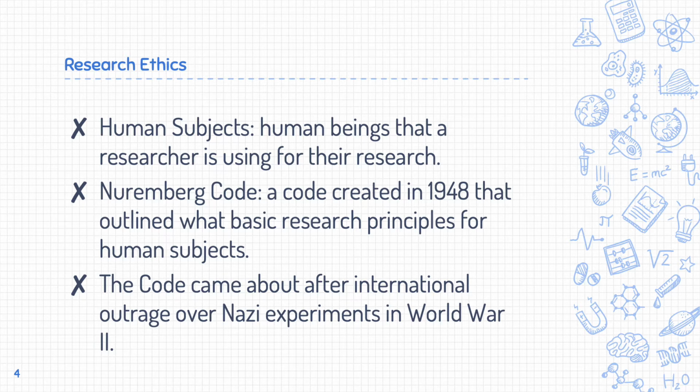Due to the ethically void research that was taking place, the Nuremberg Code was created in 1948. This code outlined what basic research principles are when using human subjects. If you're interested, you can read a little bit more about this code in the textbook and other human research projects that have gone wrong in the Reading and Resources folder in Blackboard.